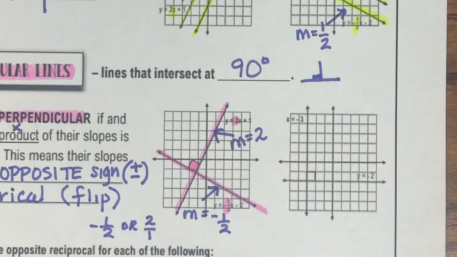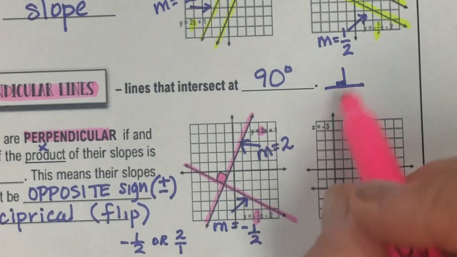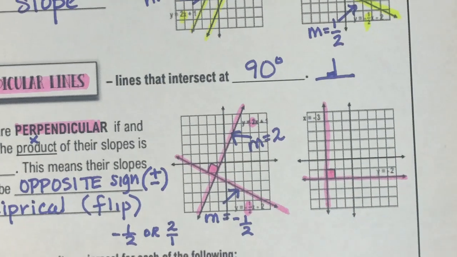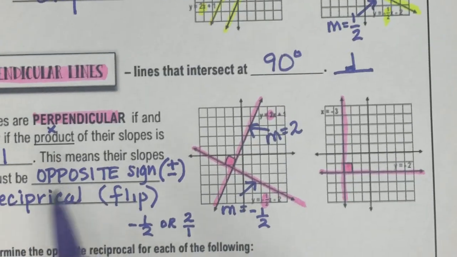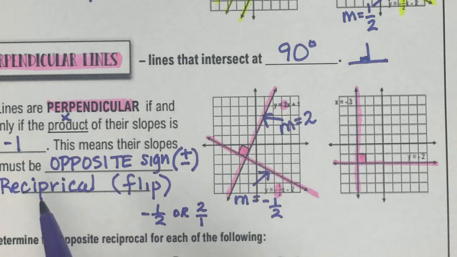Okay? So let's go look at the next graph. The next graph meets there, and again we have a 90-degree angle. Therefore, they're saying it's perpendicular. But we have to make sure it satisfies the requirements. So one has to be opposite signs, and the other they have to be flipped, which they just basically flip on a fraction.